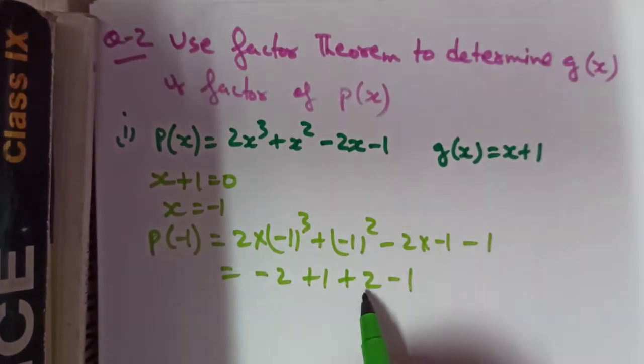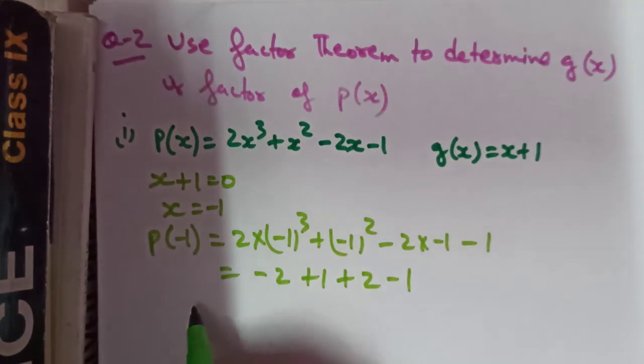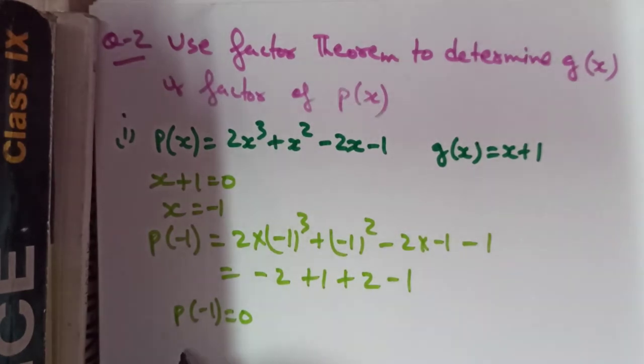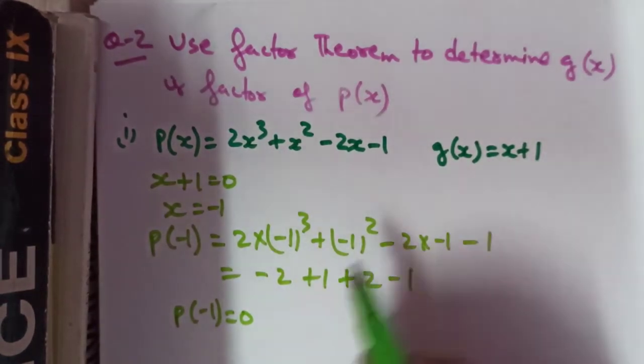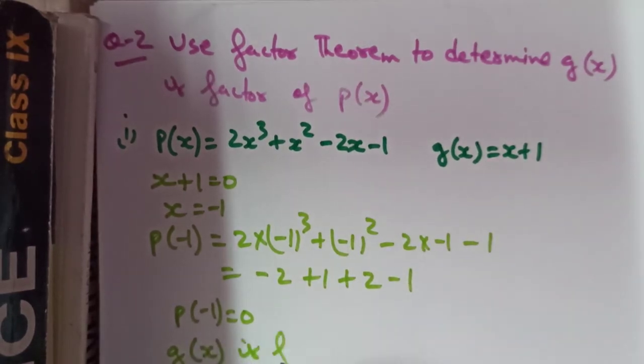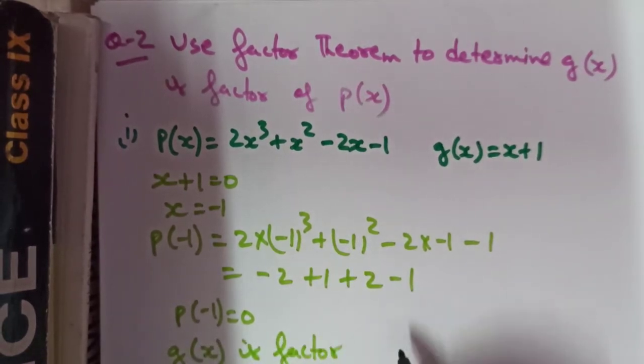So 2 plus 1 is 3, 3 minus 3 equals 0. So we are getting the value of p(-1) as 0. So if p(-1) is 0, that means x plus 1 or g(x) is a factor of the polynomial p(x).